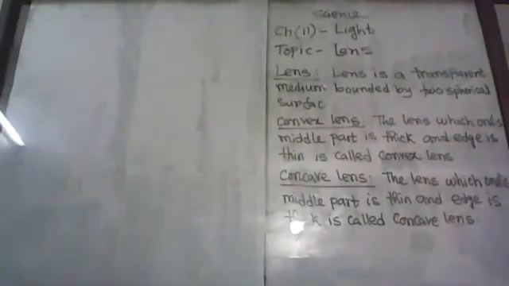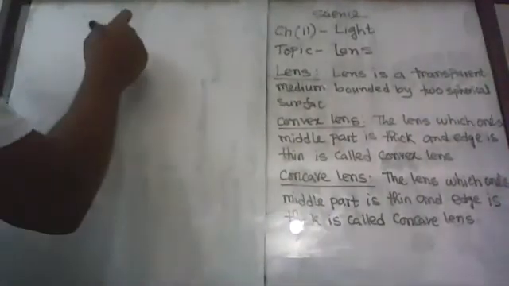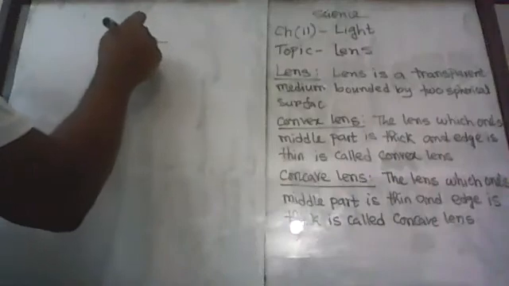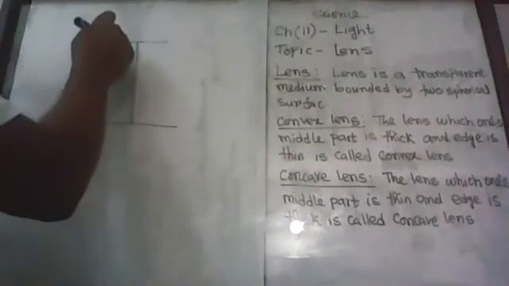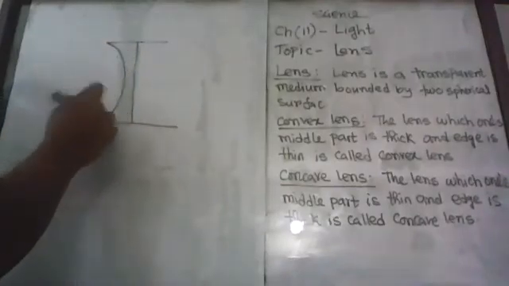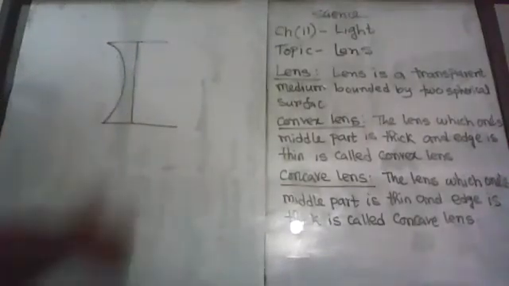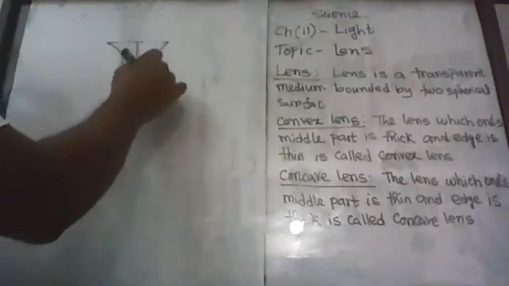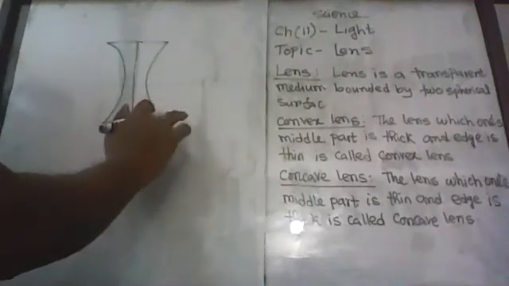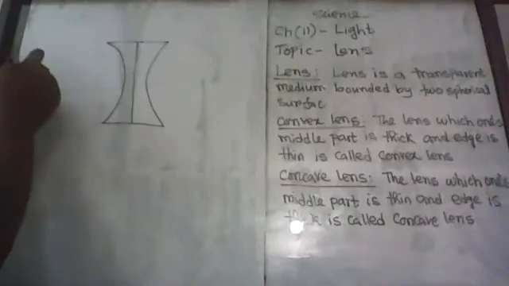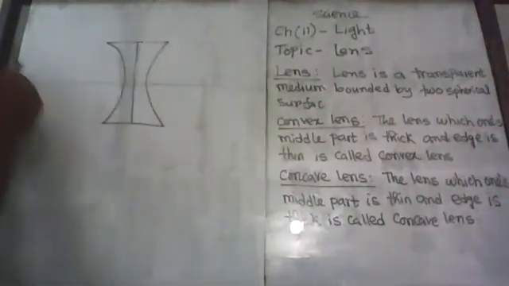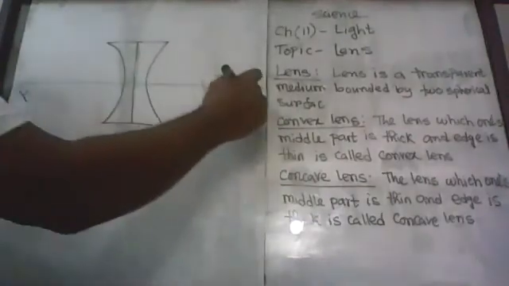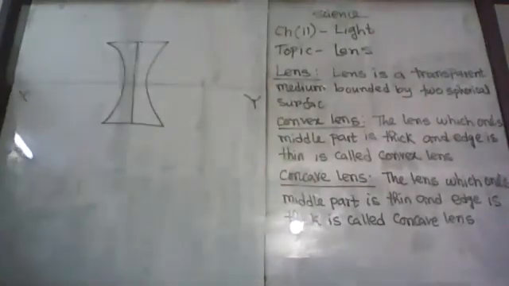Boys and girls, you see, this is a concave lens. This is another concave lens. So XY is the principal axis.